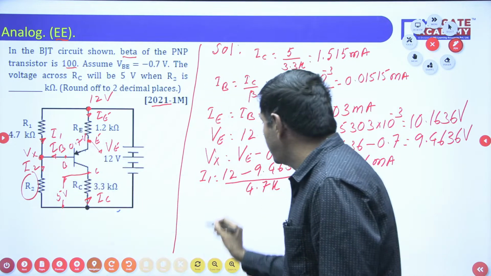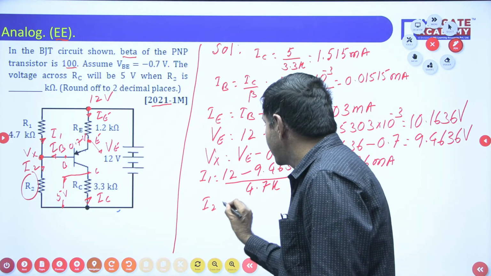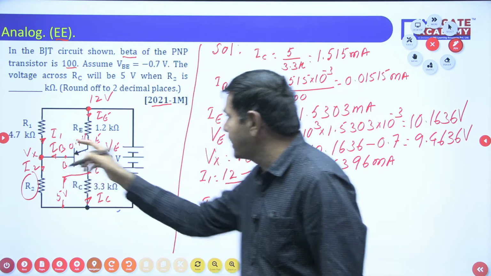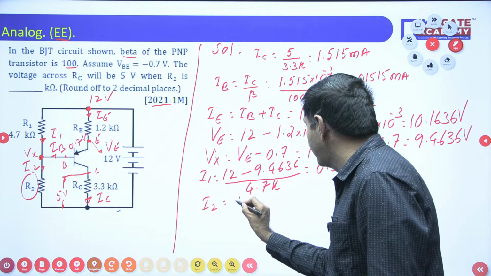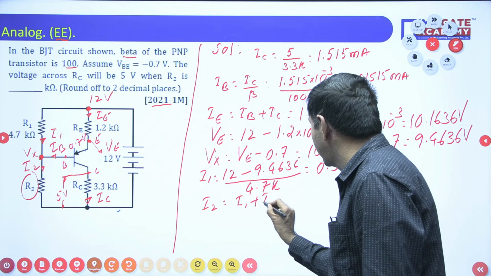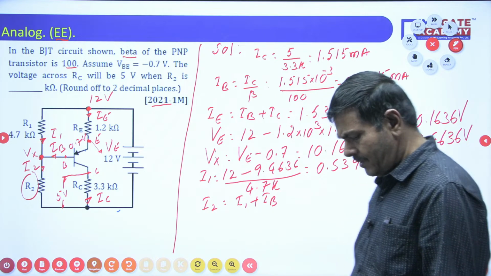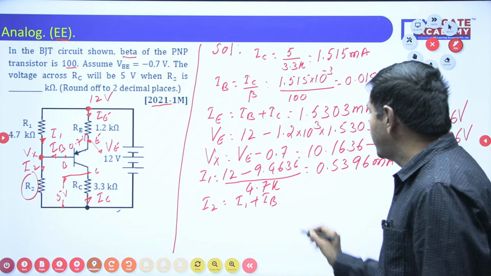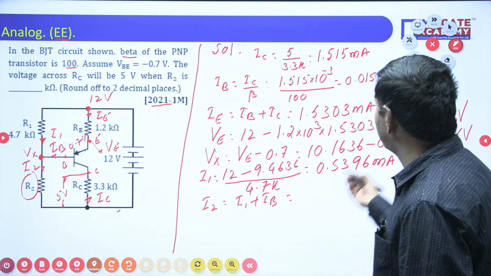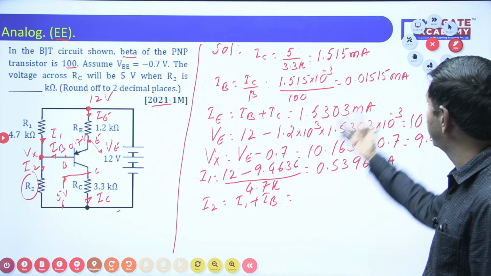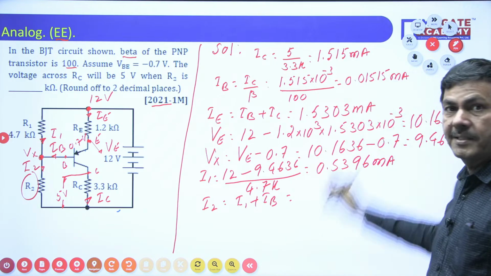Now I want I2. I said already I2 is nothing but this current plus this current, I1 plus IB. I1 we know very well, 0.5396. IB is 0.01515 milliamperes.